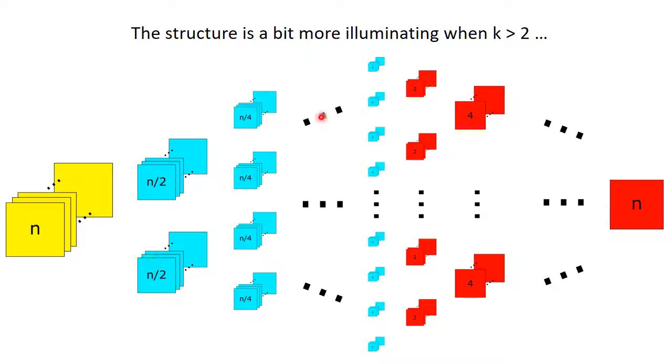The first half is the division part of the divide and conquer, and that involves maintaining the same dimensions, but splitting into problems that are half the size of each original problem. So we start with n, we go to n over 2 in the first layer. In the next layer, we split to n over 4, and we continue to do this until we've hit our base case, which in this case I have represented by having a problem size of 1.